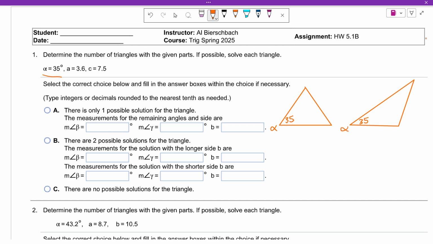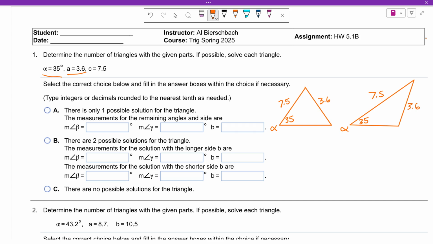That's alpha. Now, what side is opposite of alpha? A is opposite of alpha. They're the same letter. So 3.6 would be here, 3.6 would be here. The other side that you're given, put right here, 7.5.